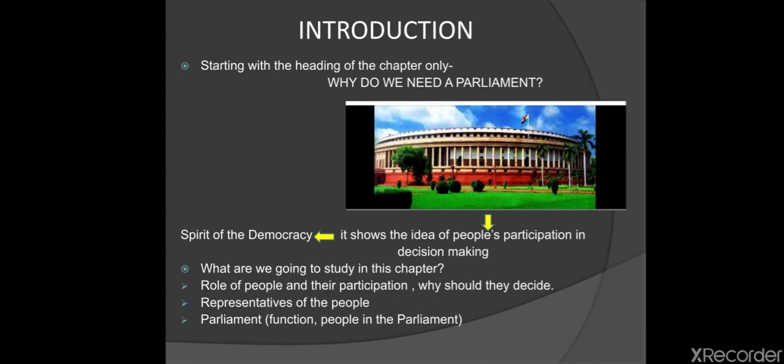So today we are going to study only three topics: role of people and their participation, why should people decide in the forming of the government, then representatives of the people, who are representatives and how they are formed, and then who are the people in the parliament. So these three topics we are going to study today.